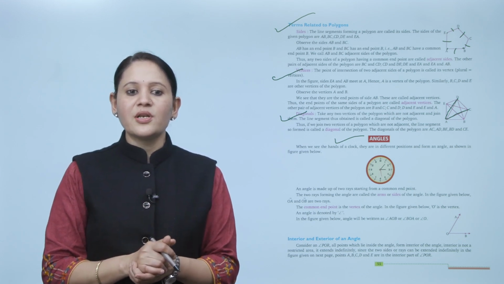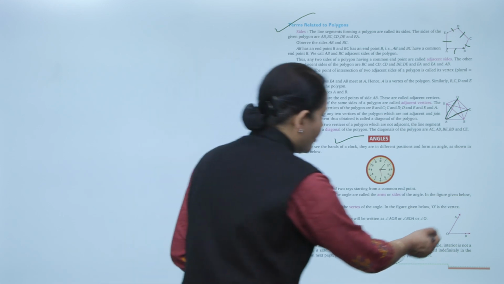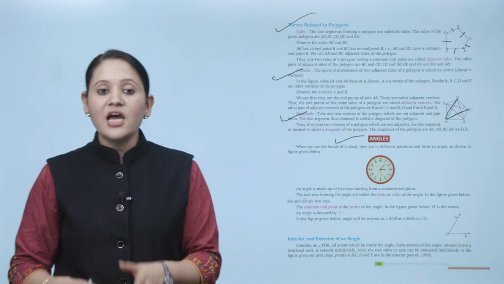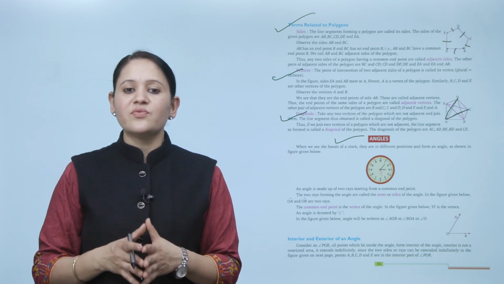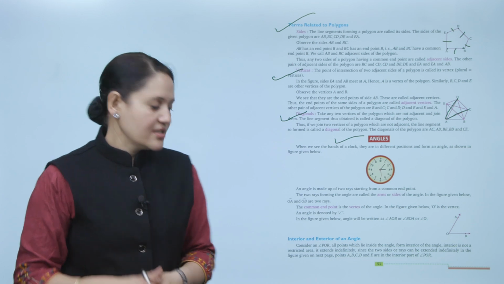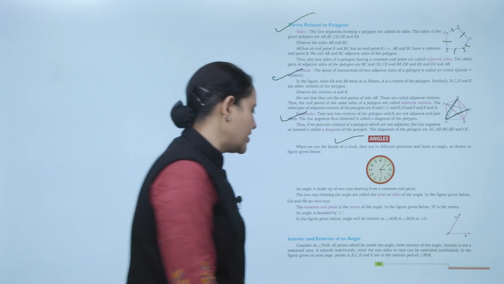In the figure given below, OA and OB are two rays, like here. OA and OB, these are two rays, and the common endpoint is the vertex of the angle. In the figure given below, O is the vertex, like here. O, that is the vertex.